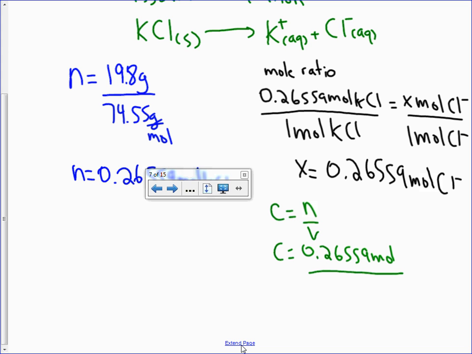We'll now divide that by the volume that is given to us. So we're told that this is dissolved in 100 milliliters of solution. We want to make sure that we convert that into liters. And so when we convert that 100 milliliters into liters, we get 0.1 liters. And when we calculate our concentration, taking into account sig figs, we get a concentration of 3 moles per liter.